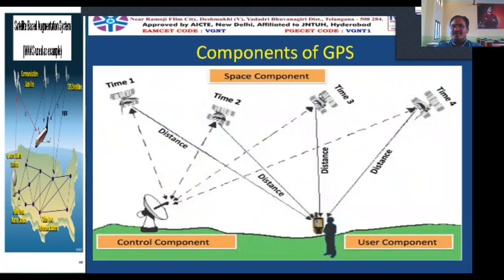In another picture, satellite 1 starts at time 1, satellite 2 at time 2, satellite 3 at time 3, and satellite 4 at time 4. That is the time of transmission. All the signals sent by the 4 satellites are received at the master control station at 4 different times. The transmission time is noted by the atomic clock and the receiving time is also noted by the atomic clock.